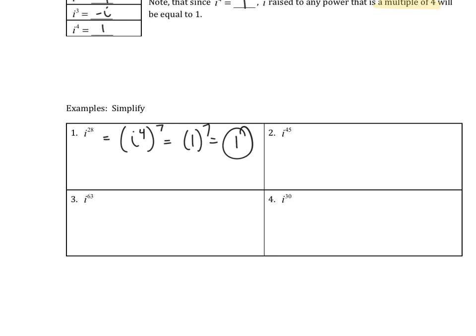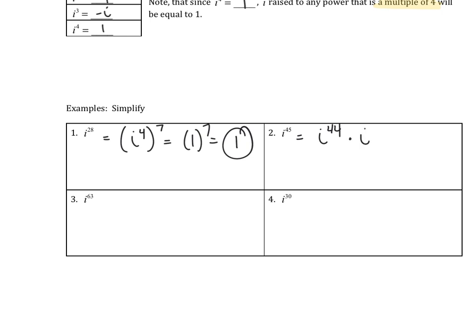If it's not already a multiple of 4, like i to the 45th power, which is not a multiple of 4, then you want to take out the biggest multiple of 4 out of there so that you can figure out what is left. So the biggest multiple of 4 that I can take out of 45 would be 44.